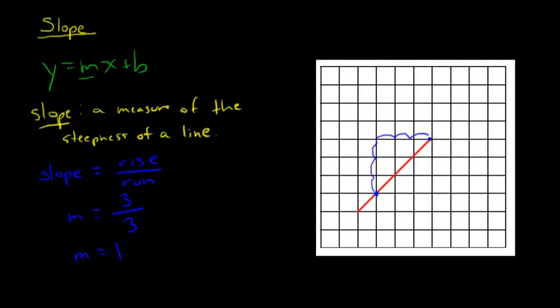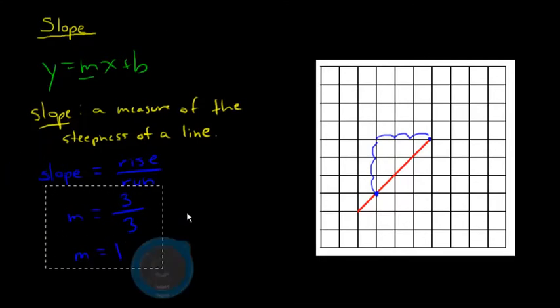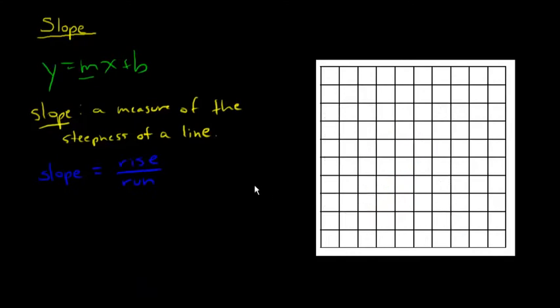So that's a pretty easy one. Let's try another one. So what if we had one like this? Okay. So we need to find 2 points somewhere on this line. Well, this intersects neatly here, and here's another one. So there's 2 points. The rise over the run.